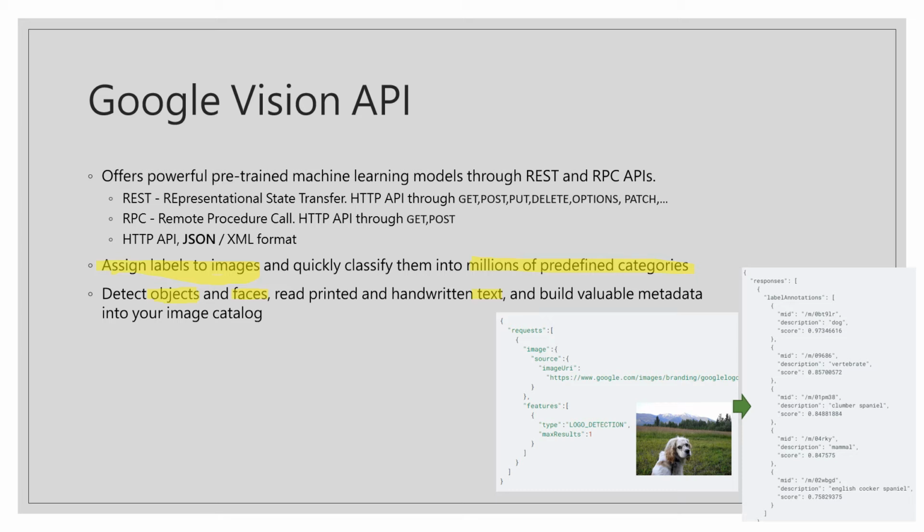So it also provides lots of functions for the computer to recognize or understand the scene and situations. It also builds metadata, so it tries to understand the information behind the image.